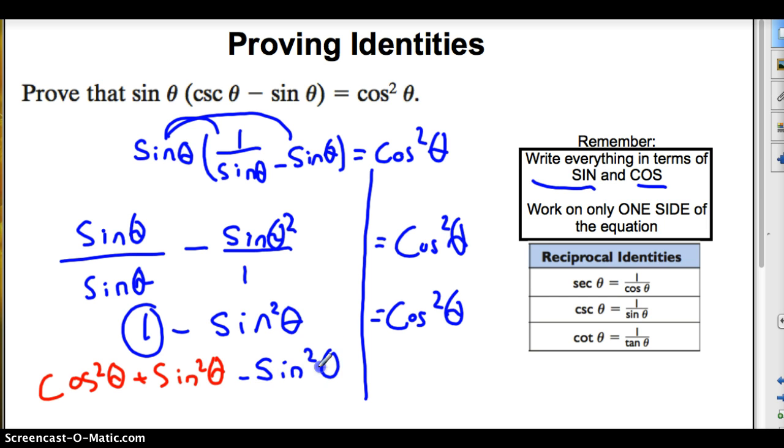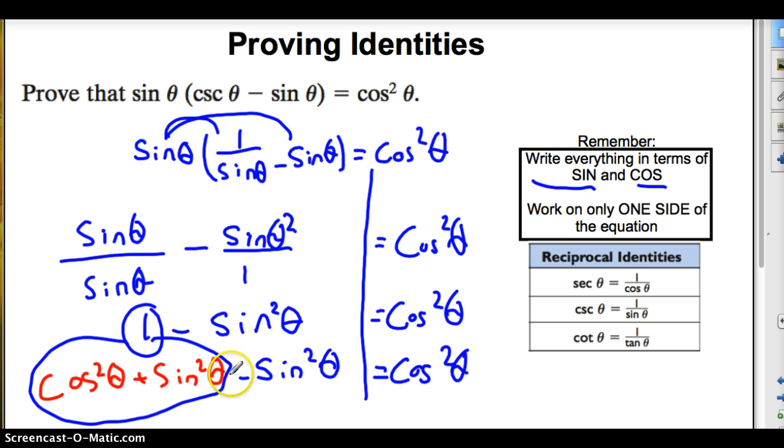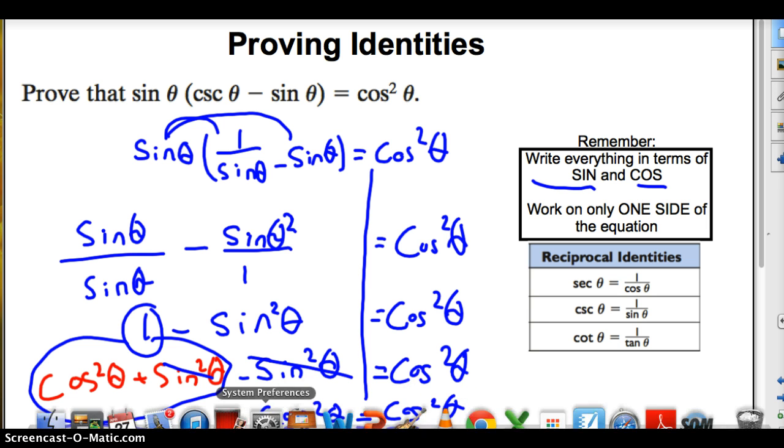I'm just bringing this down. The 1 was just equal to that, so I just replaced it. Minus sine squared theta equals cosine squared theta. And to subtract these now, this and this cancel out, so we just get cosine squared theta is equal to cosine squared theta. And that's how it's done. Alright guys, good luck.